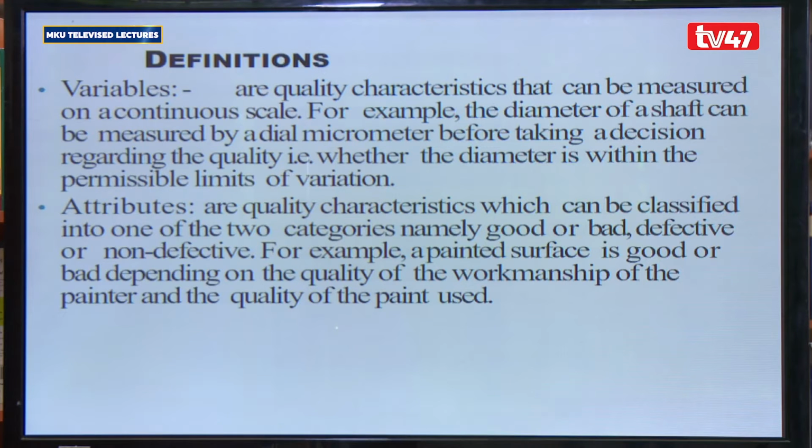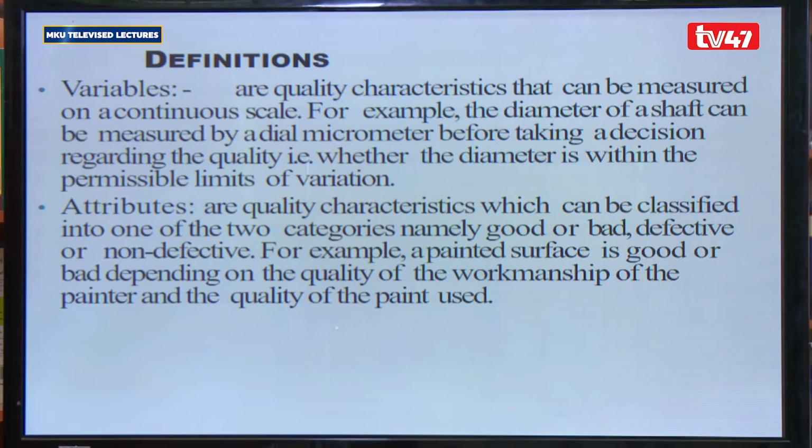For example, for any given product, especially physical products, we can measure the diameter, especially for cylindrical items. We can measure the length, and we can tell from the measurements, if we are doing quality control, that the measurement is within the acceptable range or is out of control.